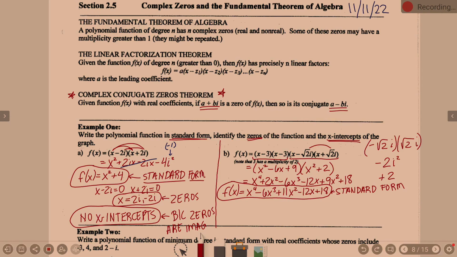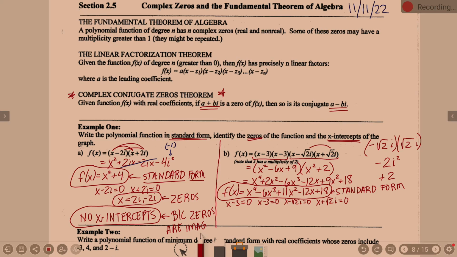Okay. We also need to talk about zeros. How do I find zeros? Each factor equal to 0. So I'm going to say x minus 3 equals 0, x minus 3 equals 0, x minus square root of 2i equals 0, x plus square root of 2i equals 0.